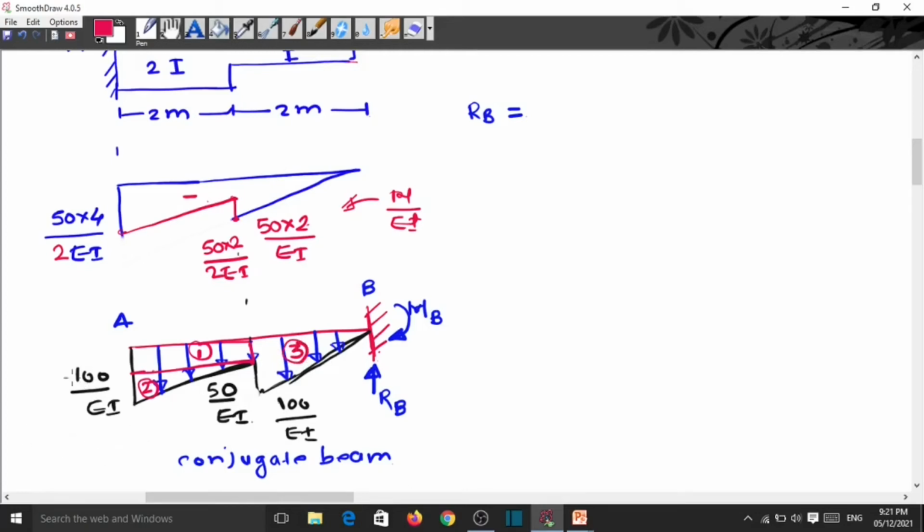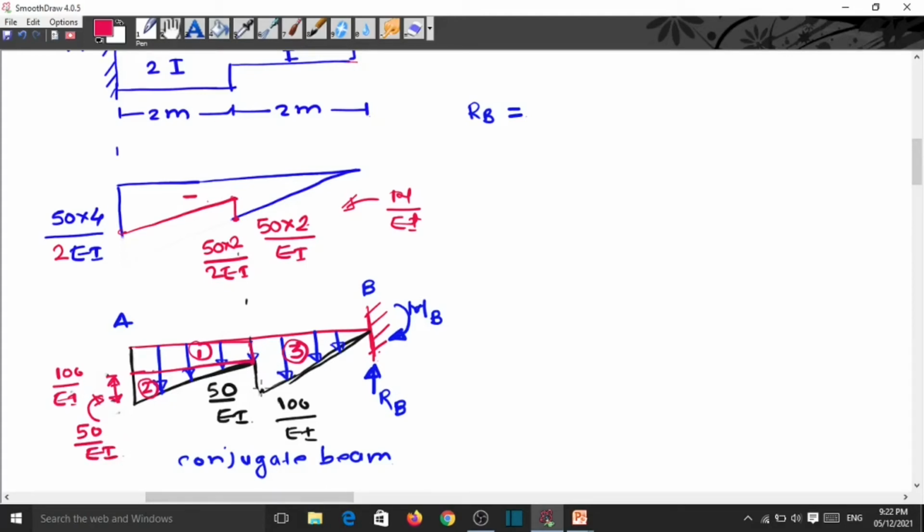Now this 100 upon EI is the total height. Now we know this is 50, so 100 minus 50, so this height is 50 by EI.